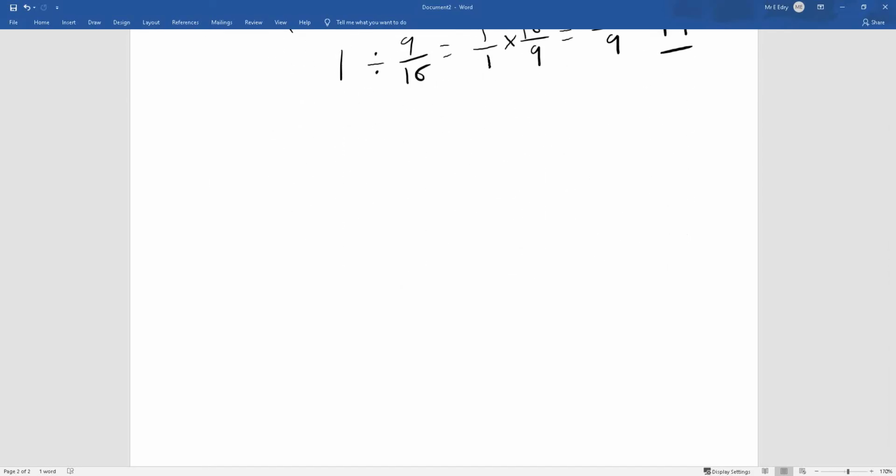So here's one for you to try. We'll do 25 over 64 to the power of minus 3 over 2.